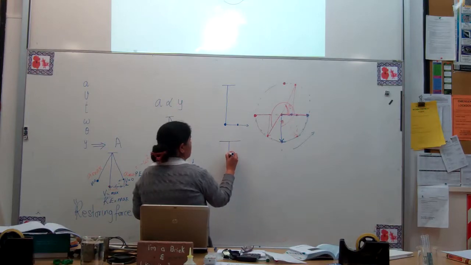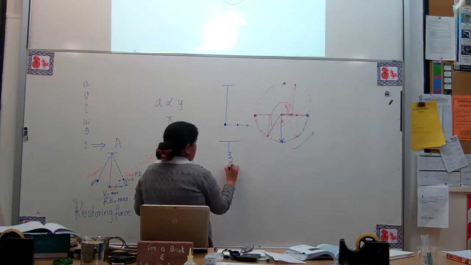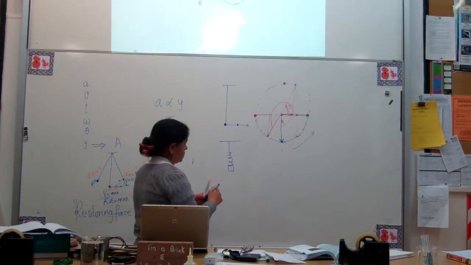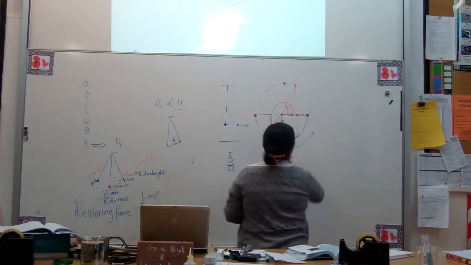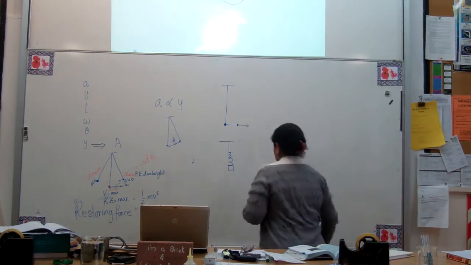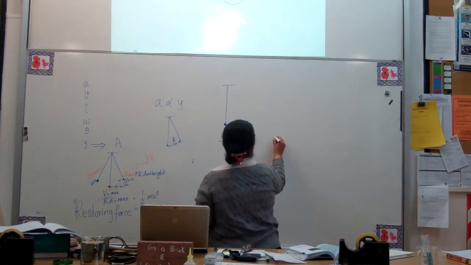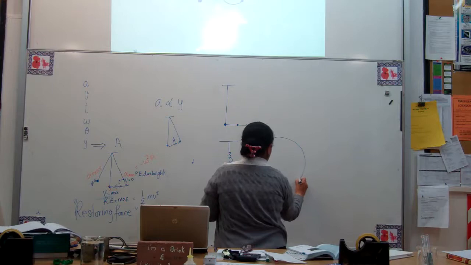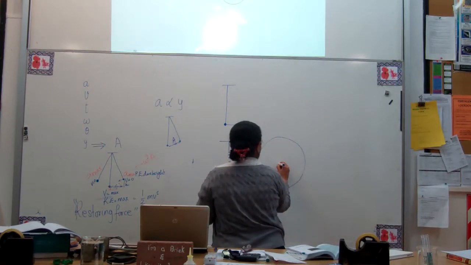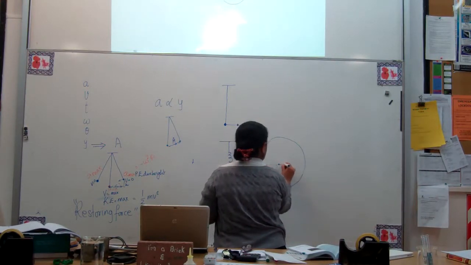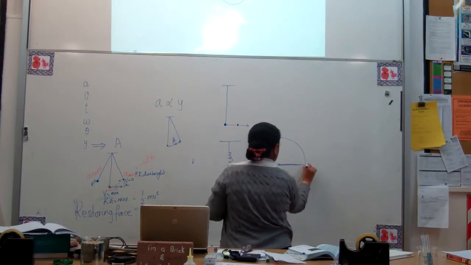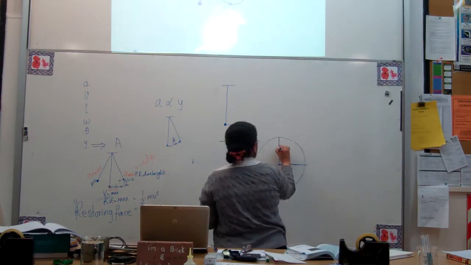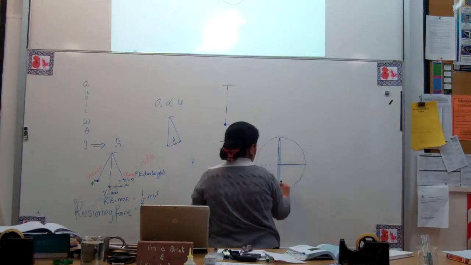When you're doing the same thing on a spring, this is what it is, spring. Equilibrium position. So when you draw the circle for the spring, that's where you are at the equilibrium position. Start from here, because the spring is going to go back and forth in this direction, up and down.